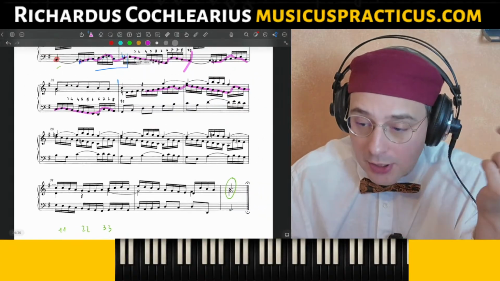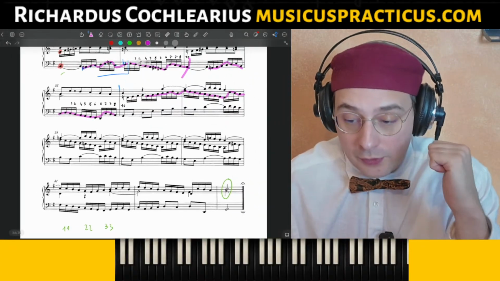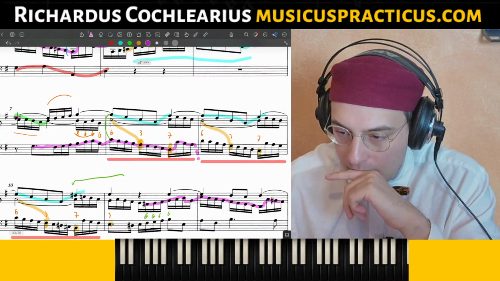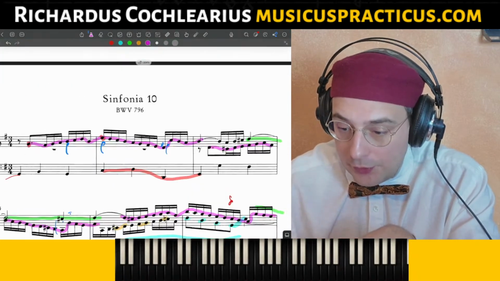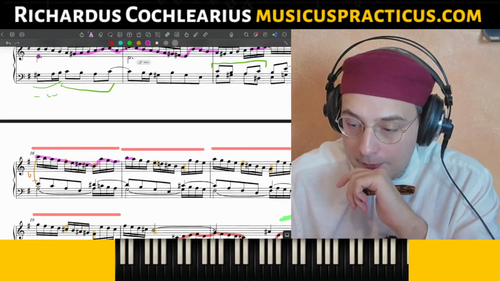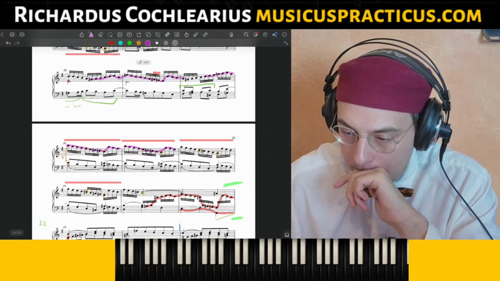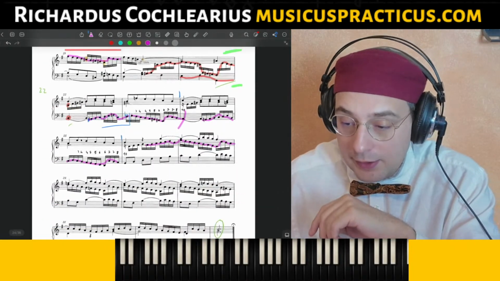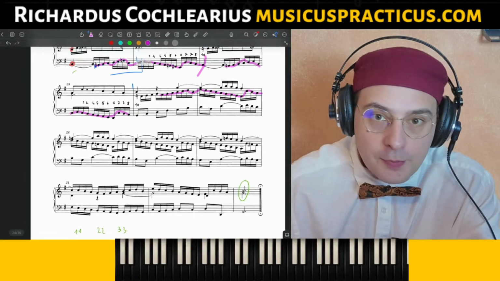So the sequence we had before, now it's in the middle. So the first time it was in the bass, the second time it was in the top, and in the last section it should be in the middle.